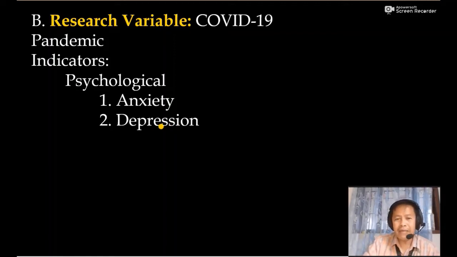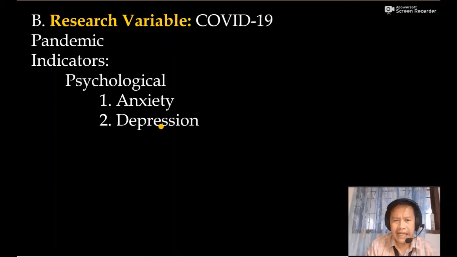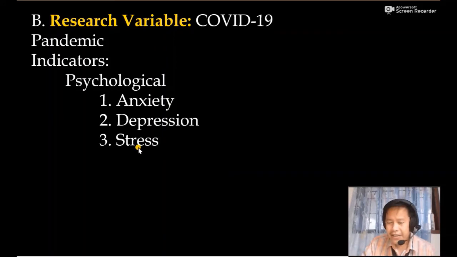Yes. Okay, number 3, what do you think? What do you think is interesting if we are talking about COVID-19? Because that will be very potential for one of your indicators in COVID-19. What do you think? Stress. Take note, stress is a lower degree compared to anxiety.